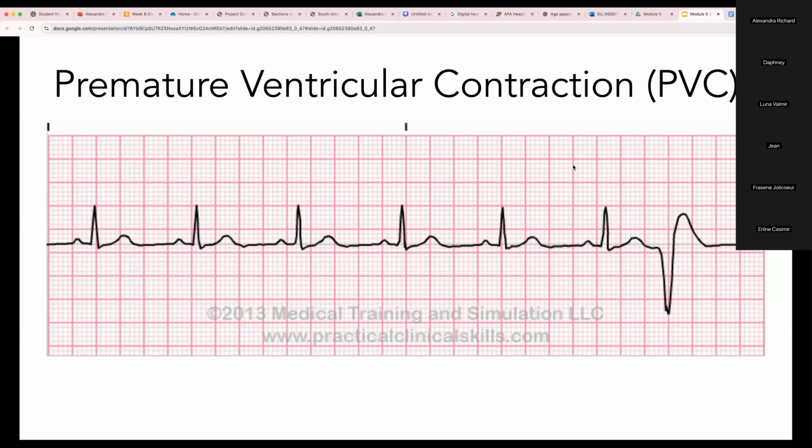And what should you check if you start to see PVCs? Potassium. Do you think the potassium's too high or too low? Too low. Very good.